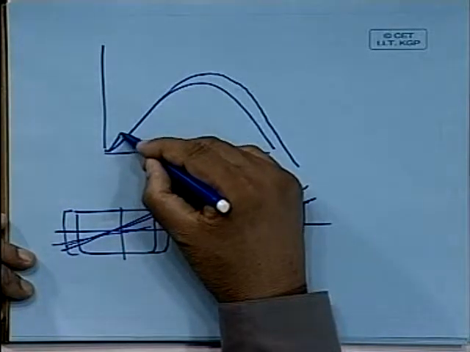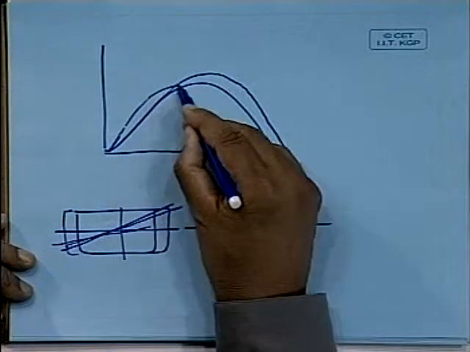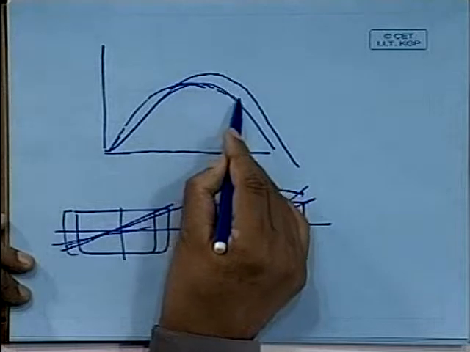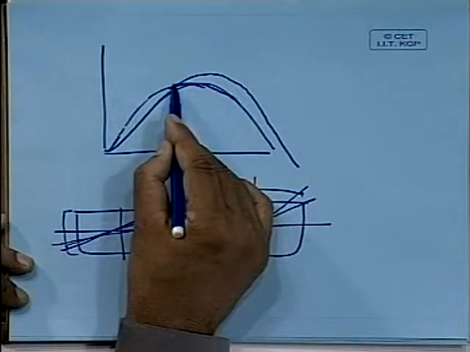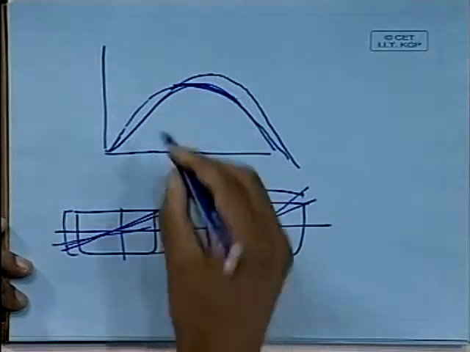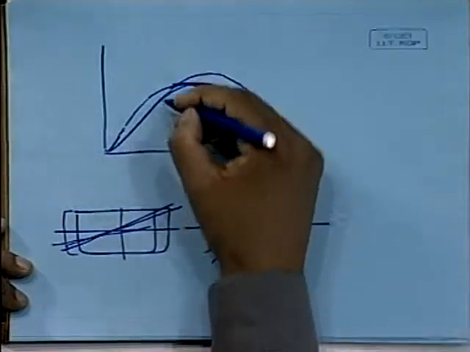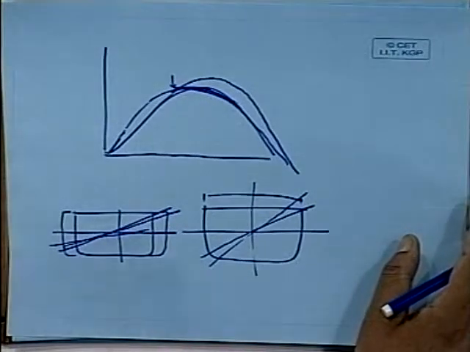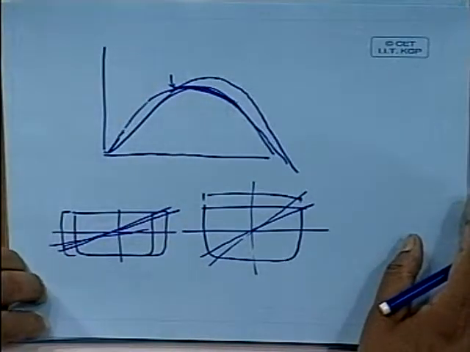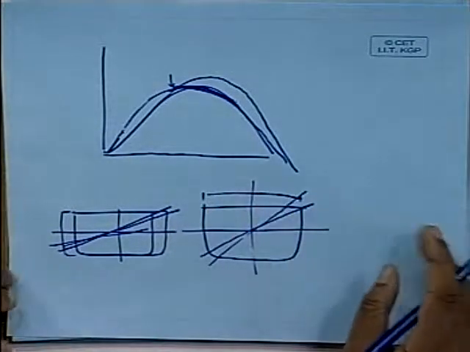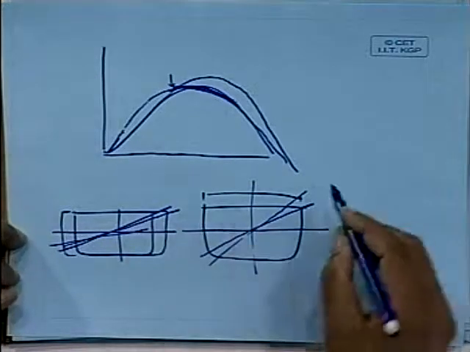So it goes up, but this top is reached earlier, and it may come down like that. That means the initial slope is more, but the maximum GZ occurs at an earlier angle because the deck edge immersion occurs at an earlier angle. So these are some typicalities.